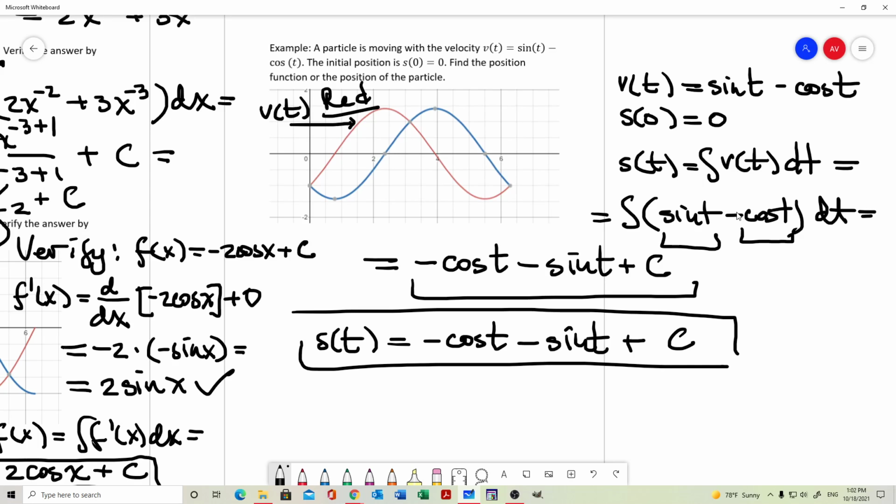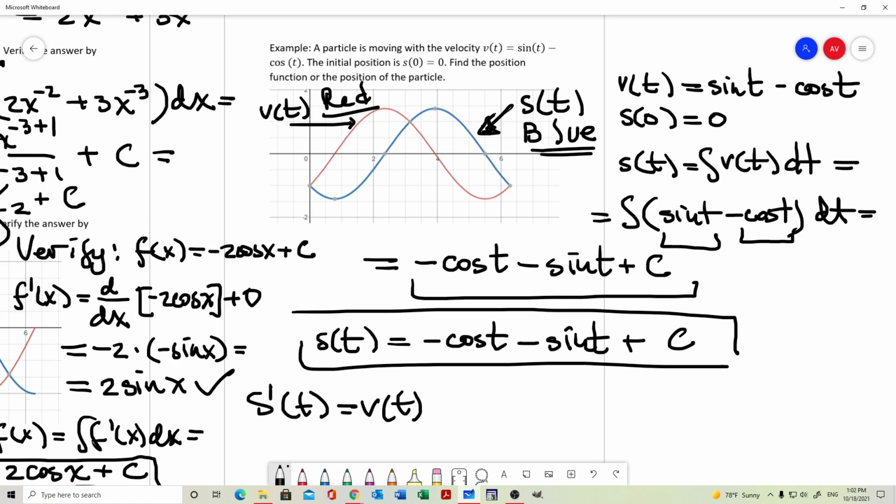To confirm the result, that's the position function S of t, blue. To confirm the result, we are going to verify the first derivative of the position function is the velocity.